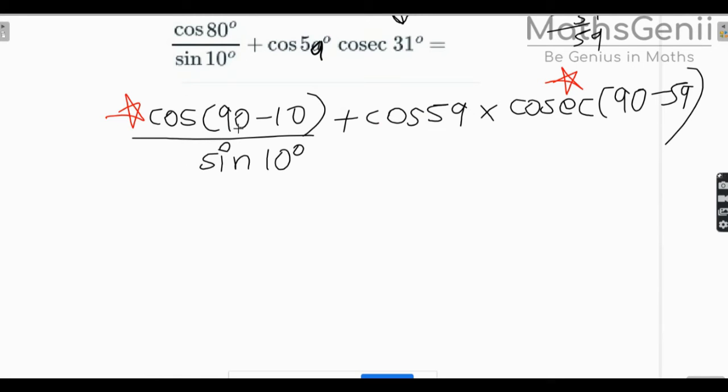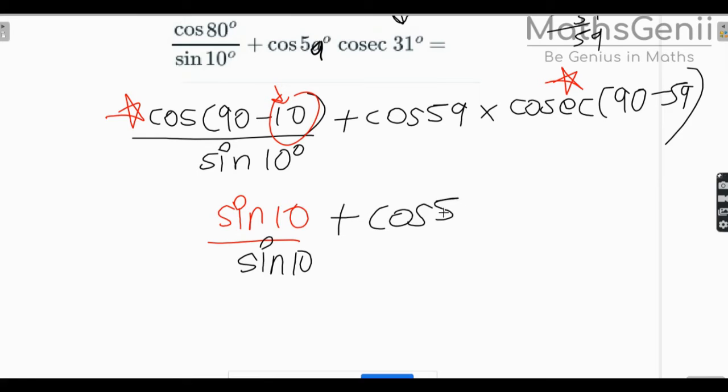Cos 90 minus theta is sine theta. This remains as it is. This is same as the question. Now cosec 90 minus theta becomes sec theta.